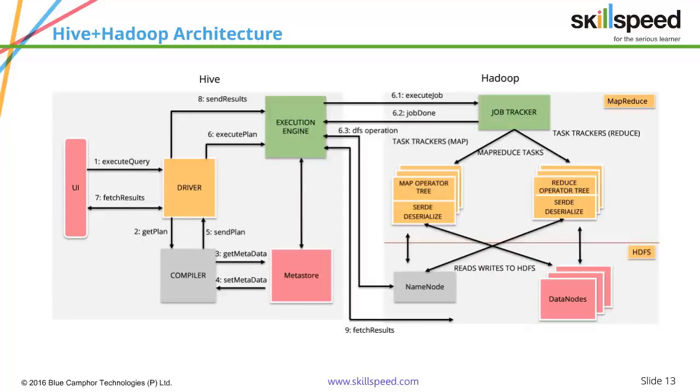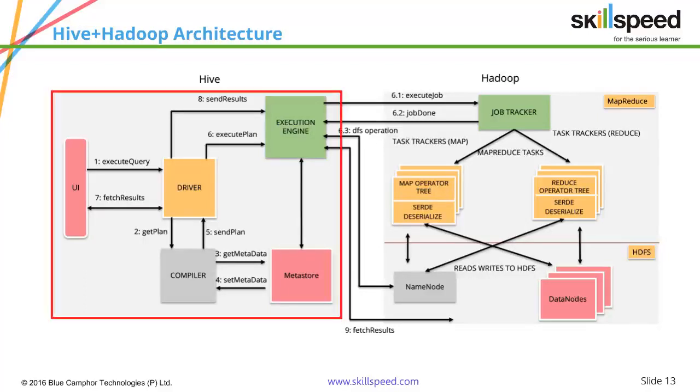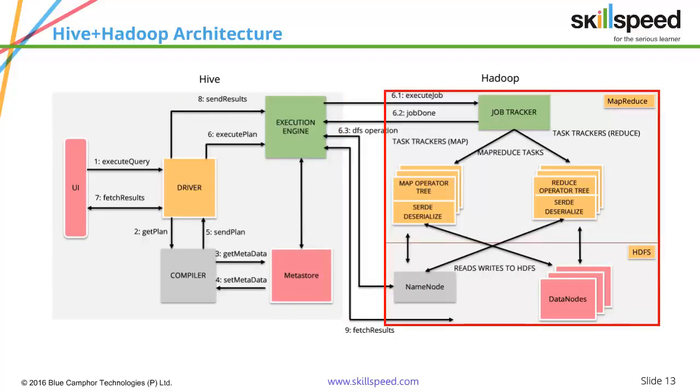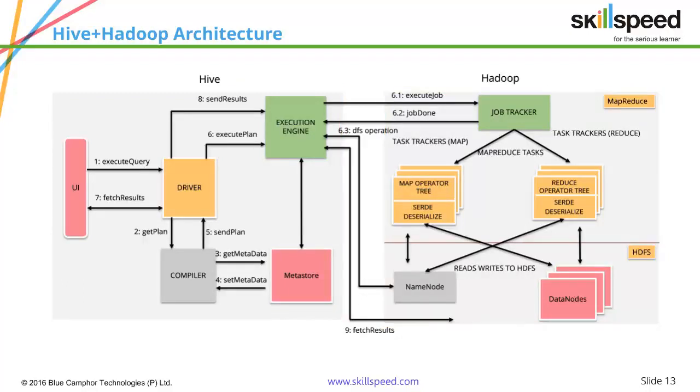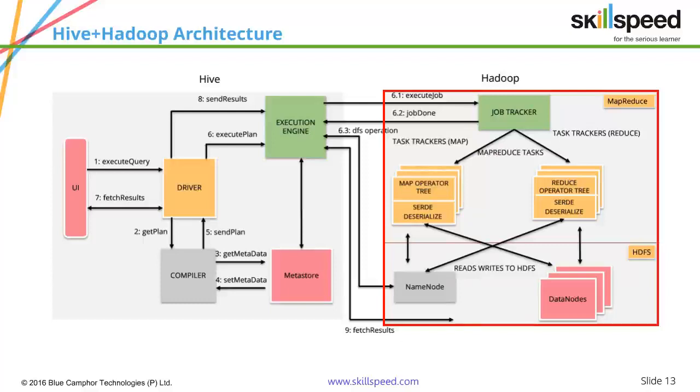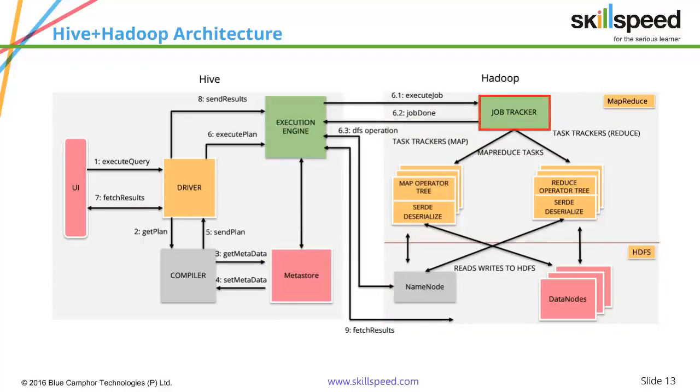Here you can have a look at the Hive plus Hadoop architecture, wherein you can see Hive on the left hand side and Hadoop on the right hand side. In fact, Hive sits on top of MapReduce. After the execution engine sends its job to the Hadoop environment, the job tracker takes care of the entire job as discussed in the MapReduce execution flow.